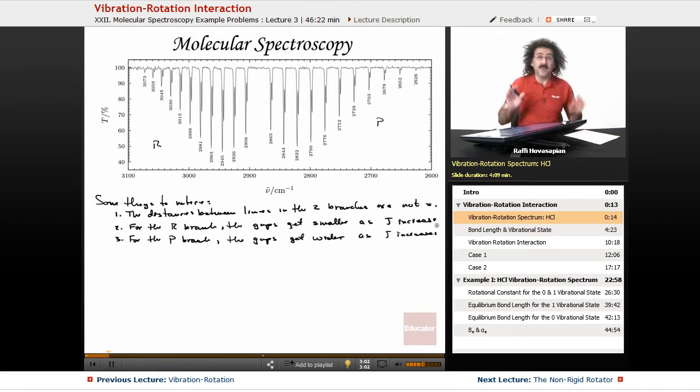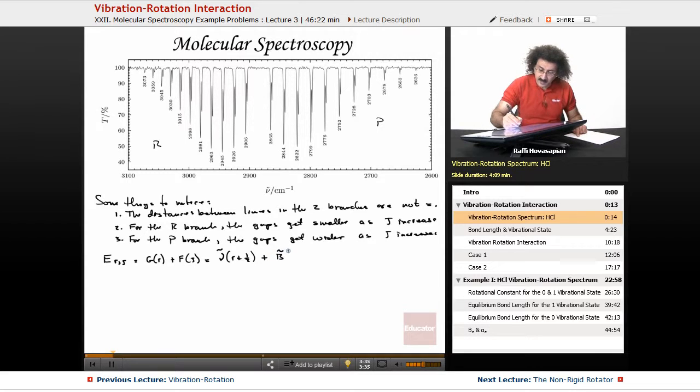Okay, now we had the following for the harmonic oscillator rigid rotator approximation. We had that the energy E_vJ, where v is the vibrational quantum number and J is the rotational quantum number, so the total energy is equal to the vibrational term plus the rotational term: ν̃(v + 1/2) plus this constant B times J(J + 1).